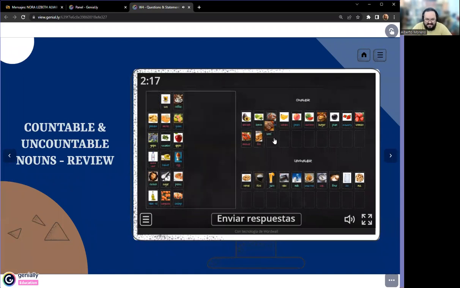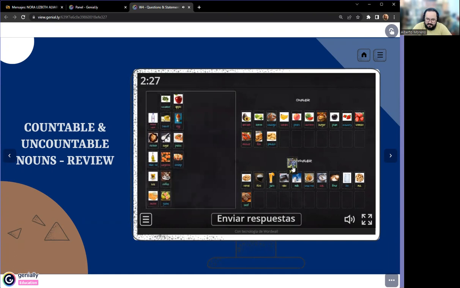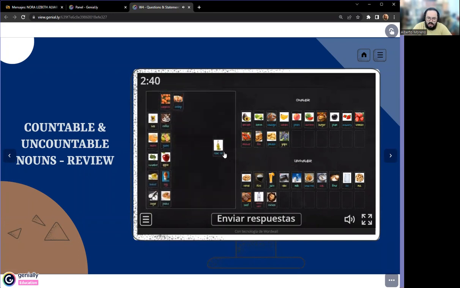Beef. Uncountable. Potatoes. Countable. Grape. Countable. Okay. Mineral water. Uncountable. Chicken. Uncountable. Olive oil. Uncountable. Okay. Tea. Uncountable.